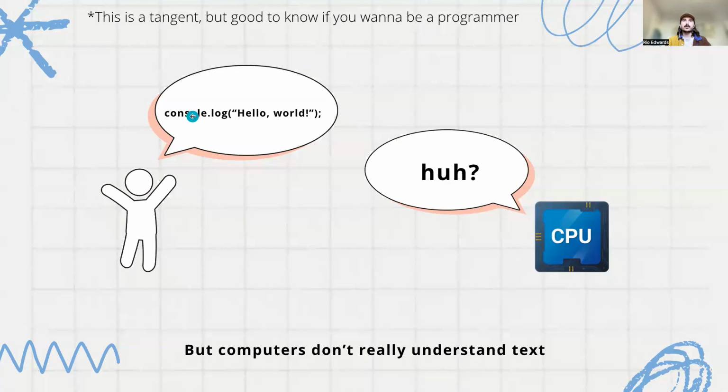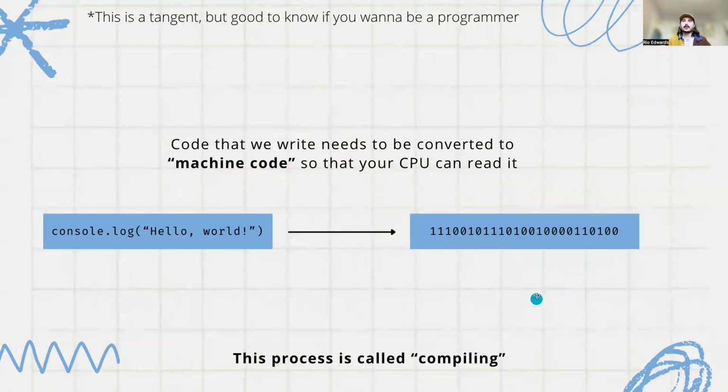It doesn't understand JavaScript or Python or Ruby or any programming languages. What it understands is binary, or machine code. So the code that we write needs to be converted into machine code so that your CPU can read it. We have console log hello world, and at some point, this text needs to be translated into a series of ones and zeros that represent the same thing. This translation is what your computer will actually be able to read.